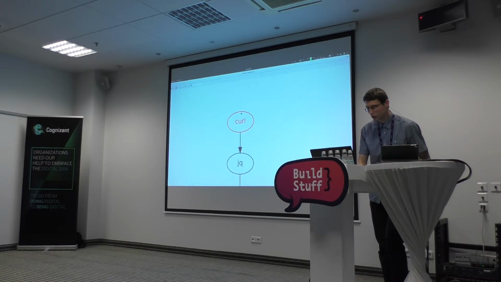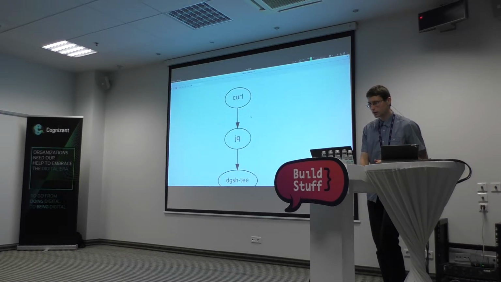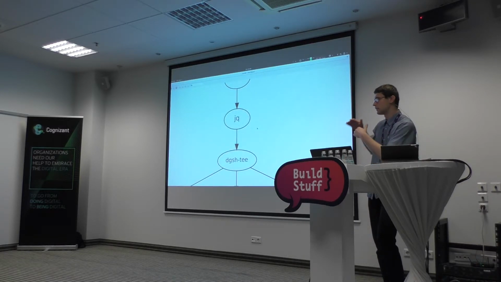So what we are doing: we have a curl request to NetData, then some jq parsing to get only the data part, not the metadata.